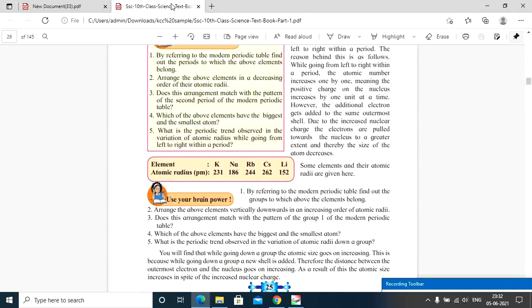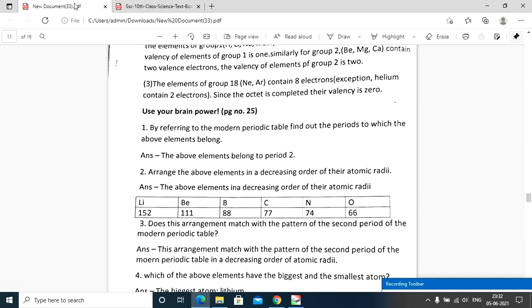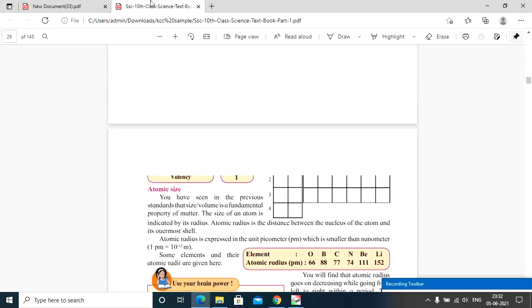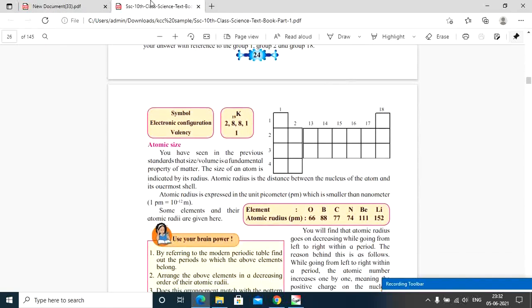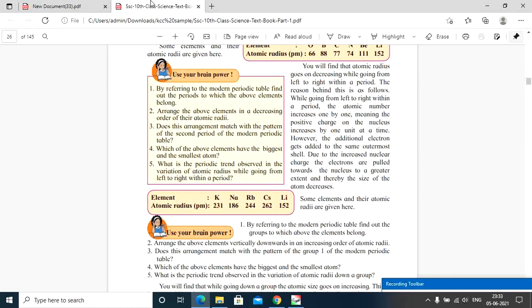The question is, by referring to the modern periodic table, find out the groups to which the above elements belong. Lithium, sodium, potassium belong to group 1. They are saying period 2, so I guess I have read the wrong question. Oh, sorry.